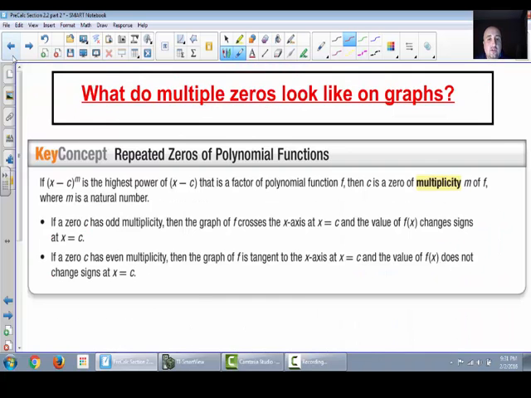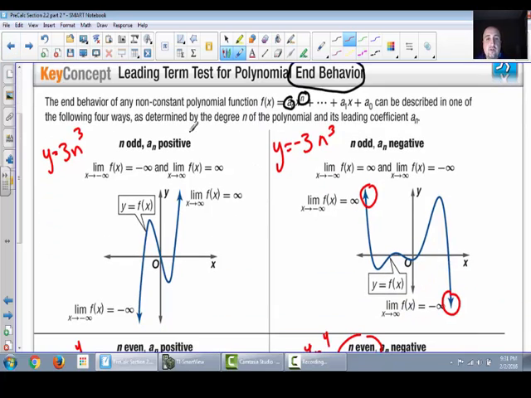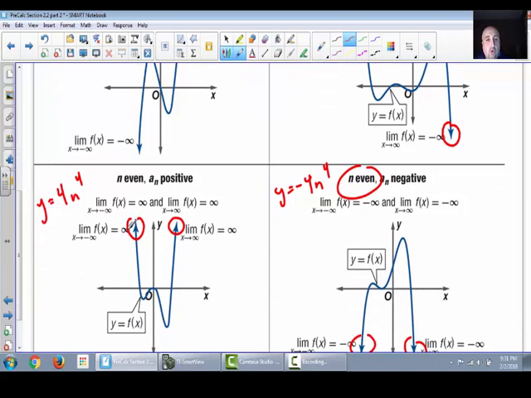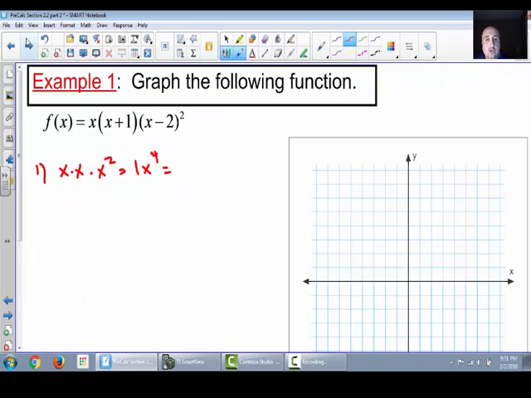Let's look at the even: evens are down here, and it is positive, so both the left and the right are going to go up. If you want to draw a little picture, both the right and the left are going to go up. That's all step 1 is going to tell us. You take the leading terms, you multiply them all together, and you can see what your leading exponent is going to be.